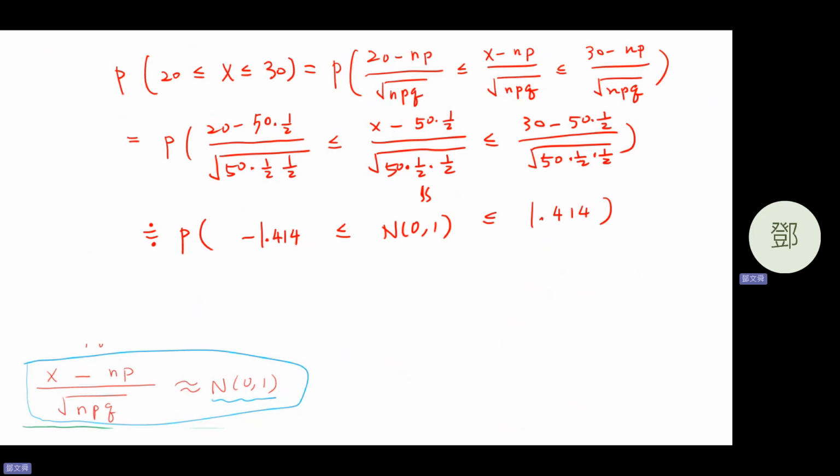Unfortunately, the table is only available for 2 decimal places. So we can only look for the number 1.41.